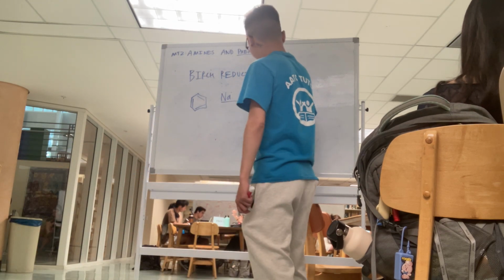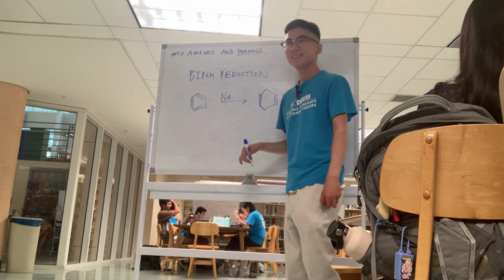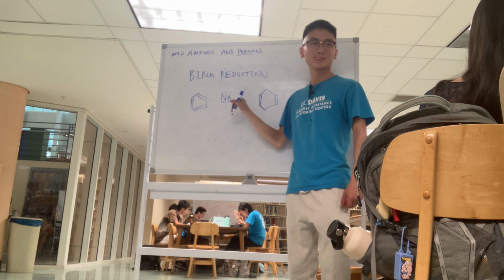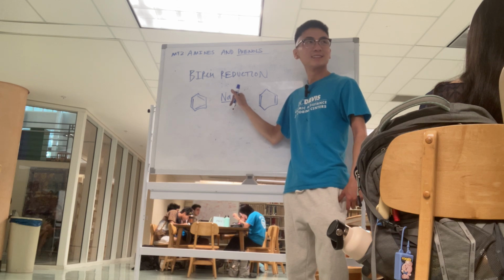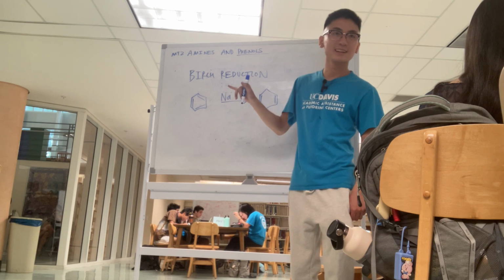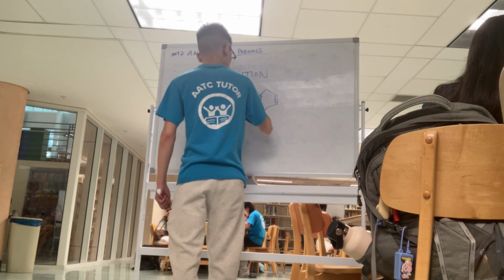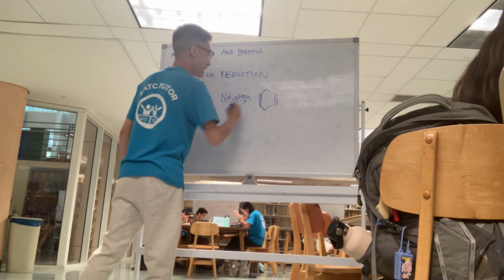But that's going to give you this. Do you guys remember this kind of product? The Birch one, with the EDG and EWG on it. This sodium is something else. Oh, NH3. And then L something.